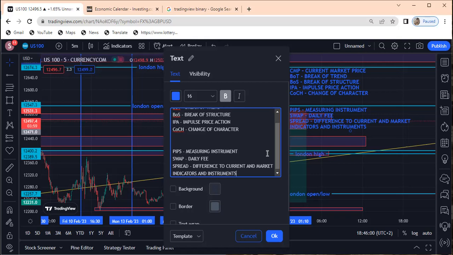So then we have indicators and instruments. When you're trading with the Gold Snipers, we will never teach you about instruments and indicators. The only indicator you are using is the price, on your left or on your right, wherever. This is the only indicator and it's the price.